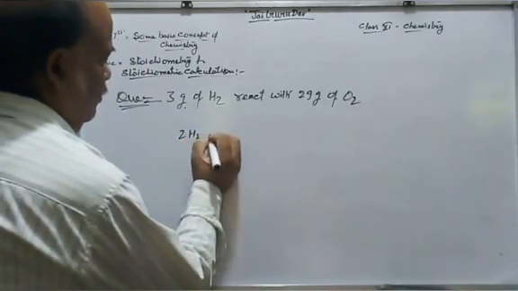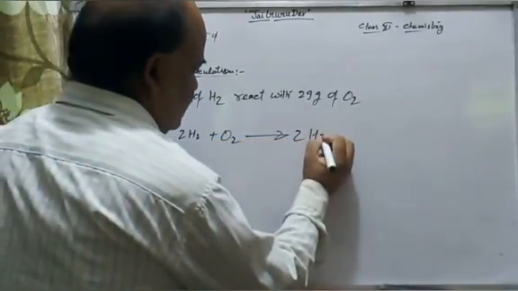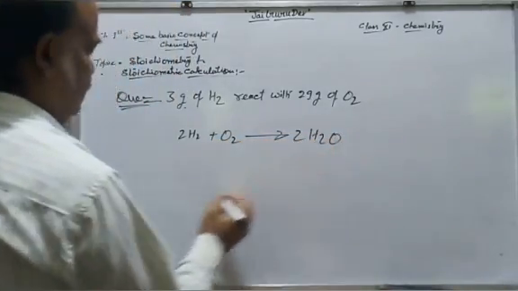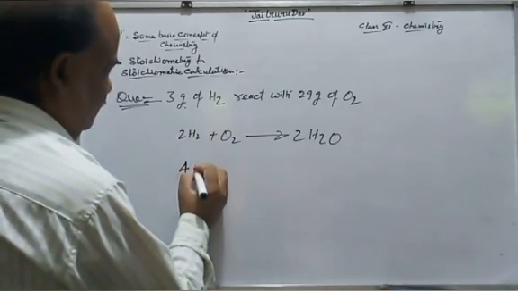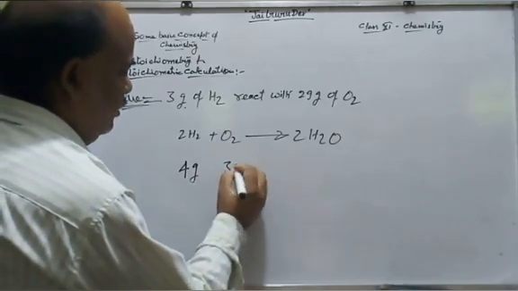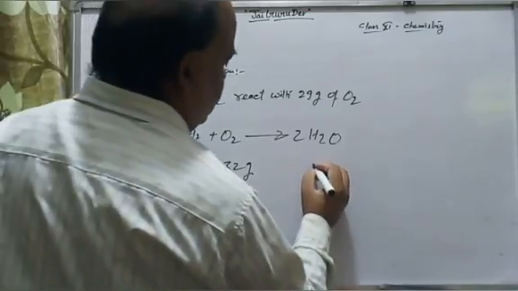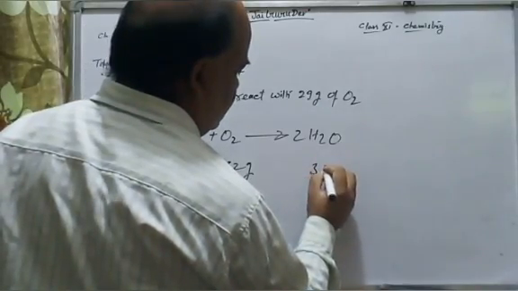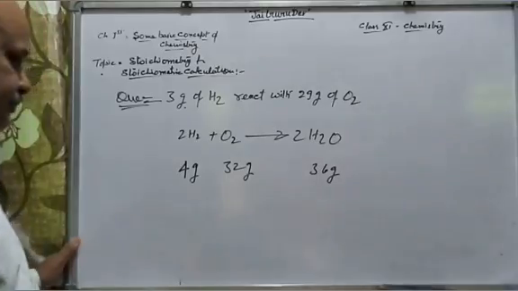2H2 plus O2 gives 2H2O. 4 gram of hydrogen reacts with 32 gram of oxygen to produce 36 gram of water.